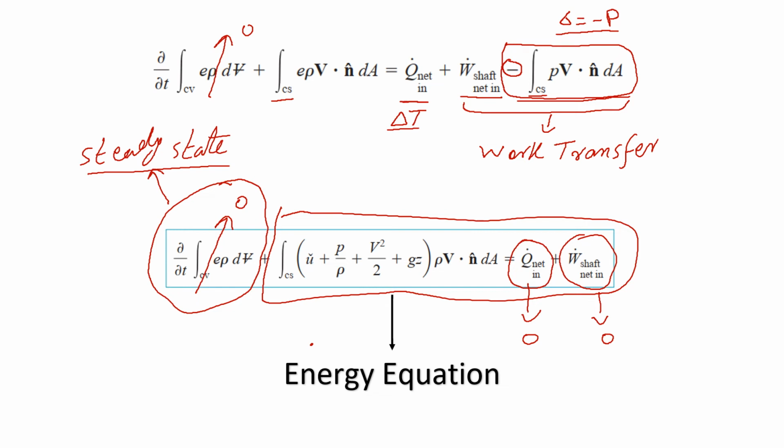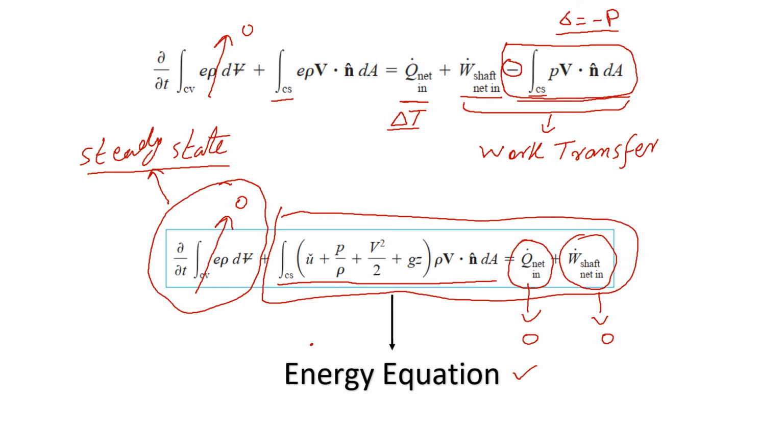So now let's simplify this energy equation a little bit more and apply it to a simple scenario in which a fluid is going in and out of a simple pipe, and write equations for control surfaces and see how we can simplify this energy equation and write it in terms of enthalpy.